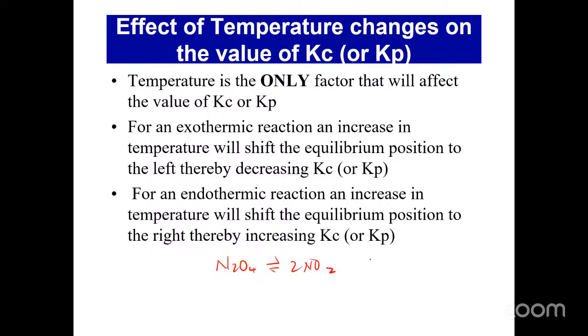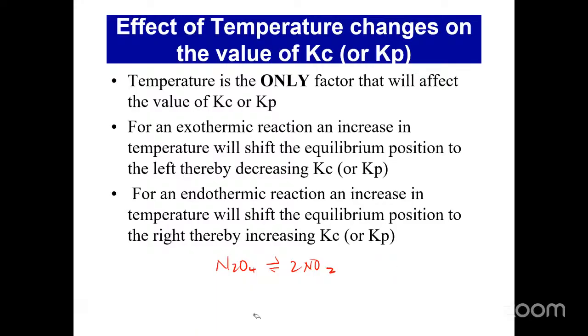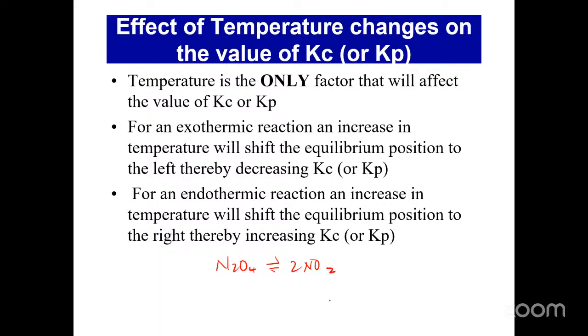And as I said before, delta H here is positive, which means that delta H will be added to the reactant side. So delta H is added here. I think I said heat is added in the previous slide.